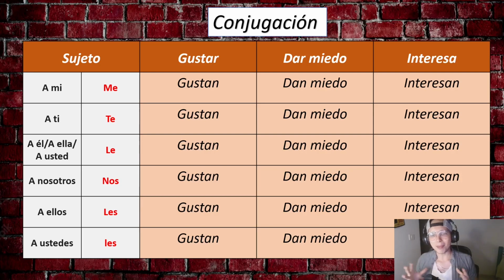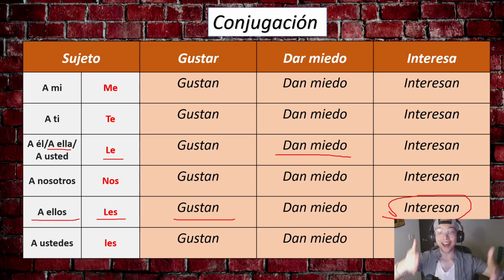If I say, she's afraid of spiders, we say, a ella le dan miedo las arañas. Or we say, they are interested in languages. A ellos les interesan los idiomas.